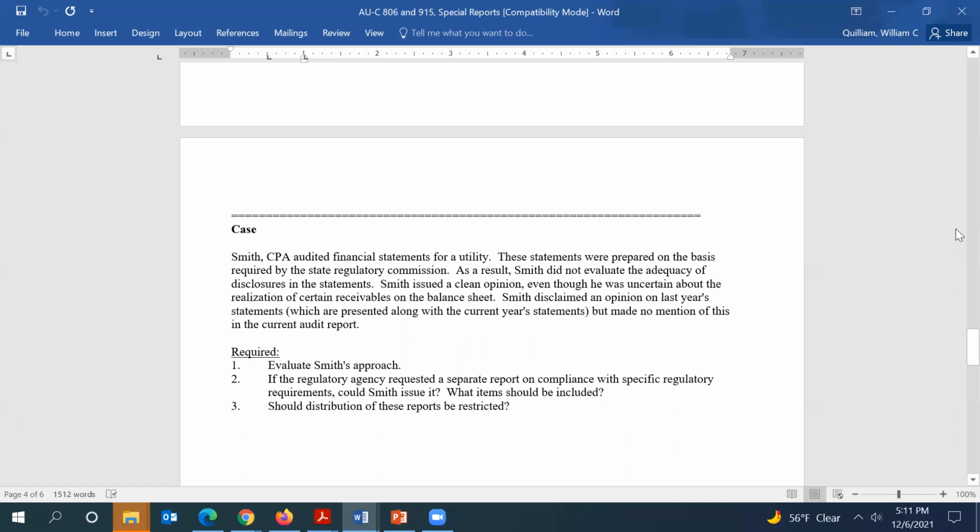So that's okay. We have to go forth and do this. Well, as a result, Smith did not evaluate the accuracy of disclosures in the financial statements. By the way, the first thing we're due is to evaluate Smith's approach. The answer is this is bad. Smith must evaluate the accuracy of disclosure.